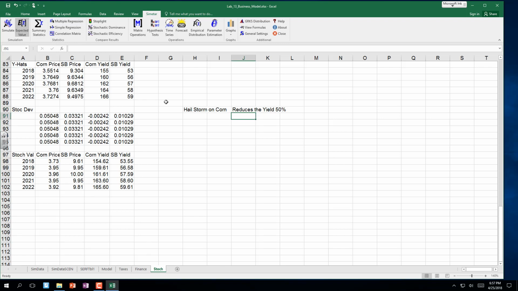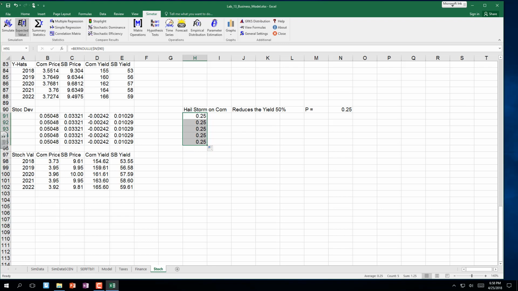So we need a probability parameter, P, equal to some value, let's say 0.25. This is like growing corn in Oklahoma, with a tornado instead of a hailstorm. Okay.